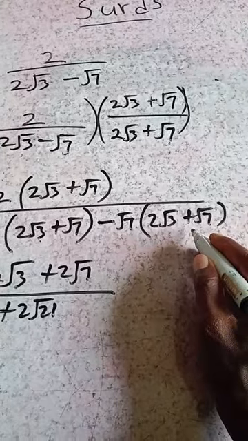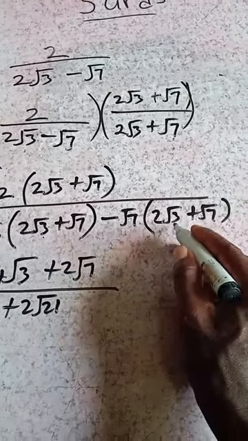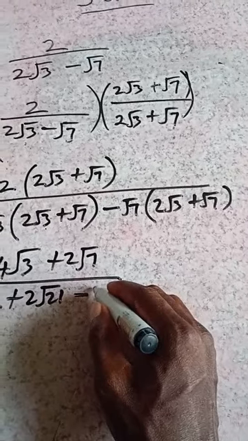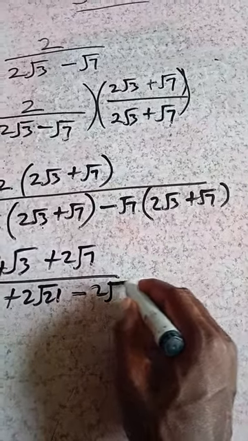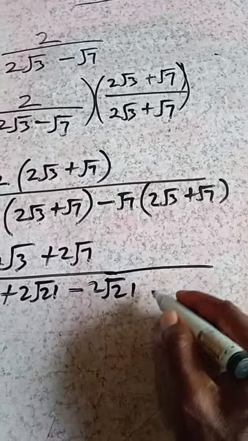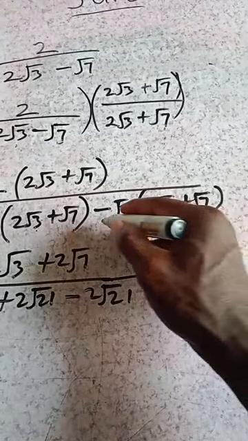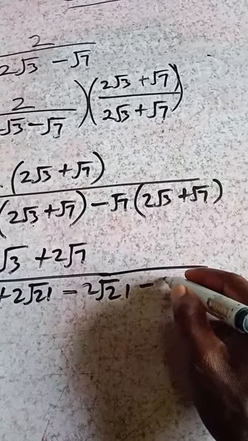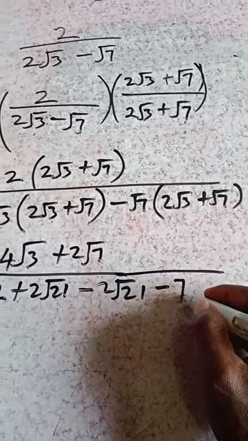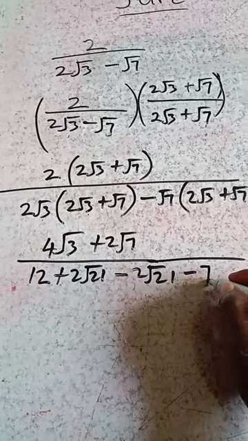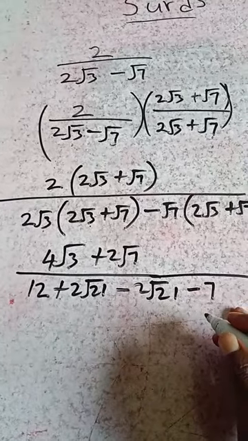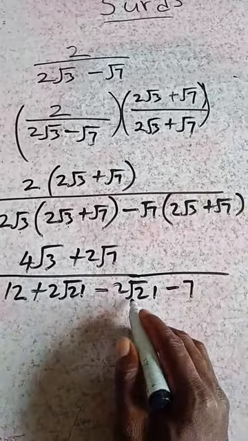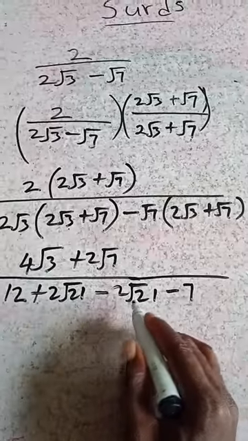So minus root 7 times 2 root 3 will give you the same thing, minus 2 root 21. Again minus root 7 times plus root 7 will be minus 7. If you look at the expression now, you are going to observe that there are similar roots, root 21 and root 21.